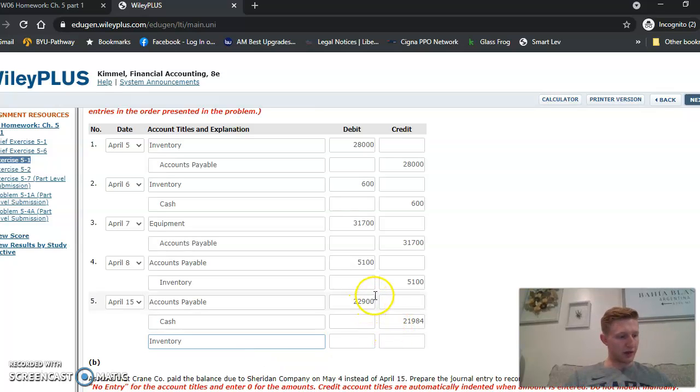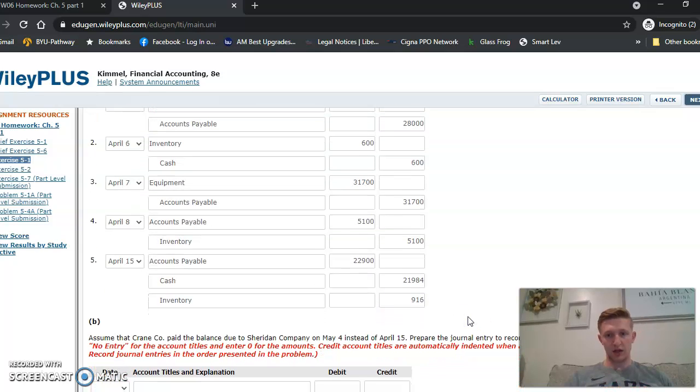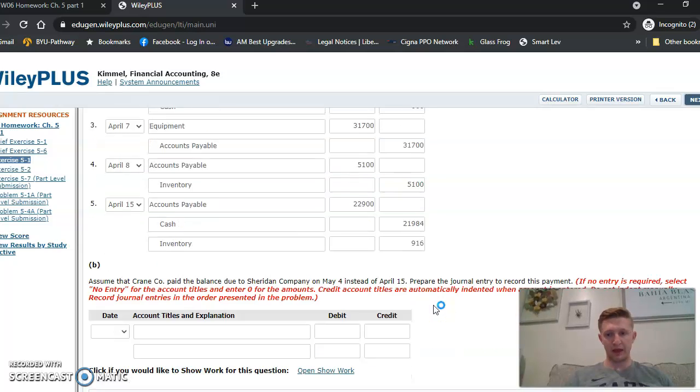Because the amount that they paid for the inventory was reduced, there's also going to be a reduction to the inventory account, which will be a credit. So if we take 22,900 minus the 21,984, that's going to show us what the difference was between those two, which ends up coming to $916. And again, we'll credit that to show that there was a reduction in the inventory.